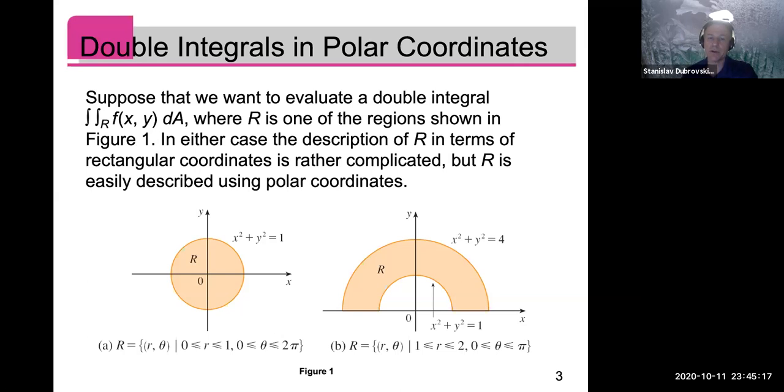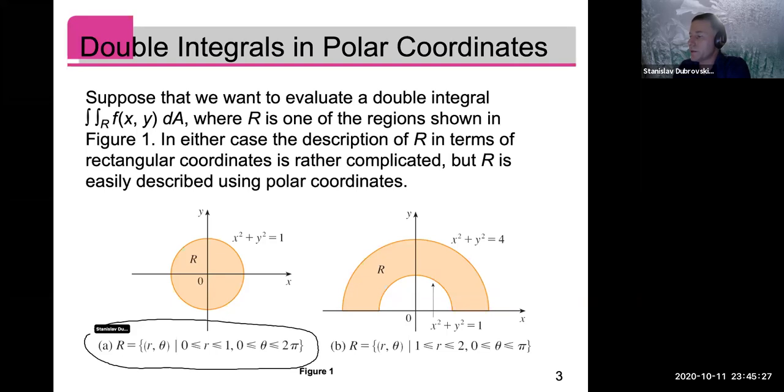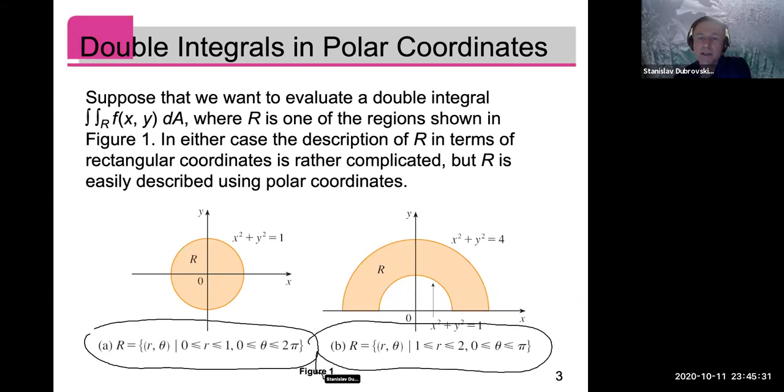Make sure if you agree or if you can reproduce even without looking at those descriptions below. Does it make sense that they're described like that? And in those cases, especially for the second one, for the one on the right, you cannot express it as a domain of type 1 or domain of type 2.